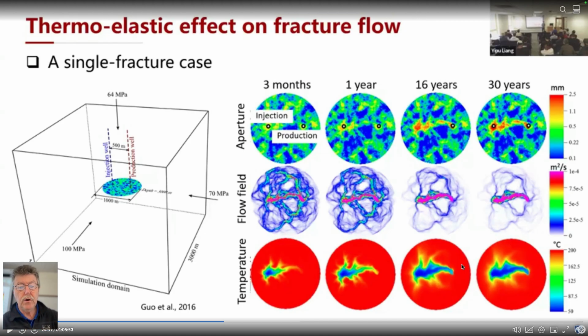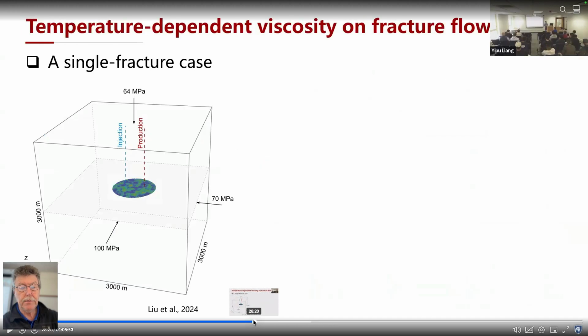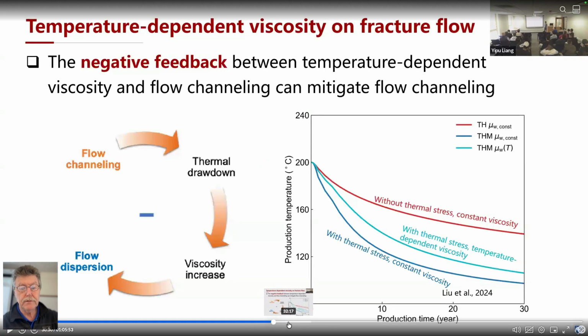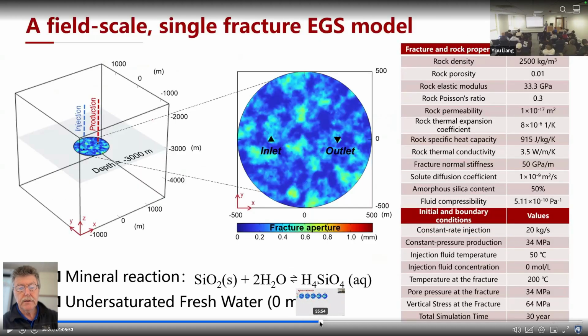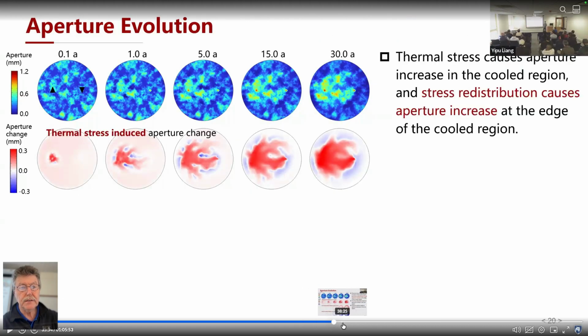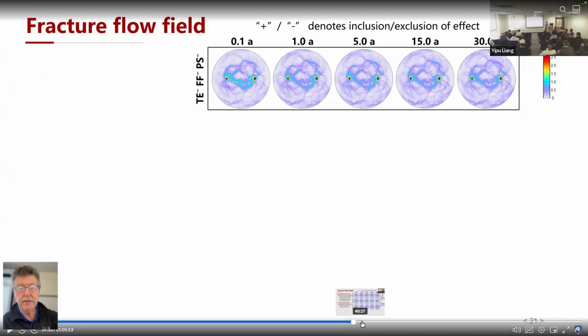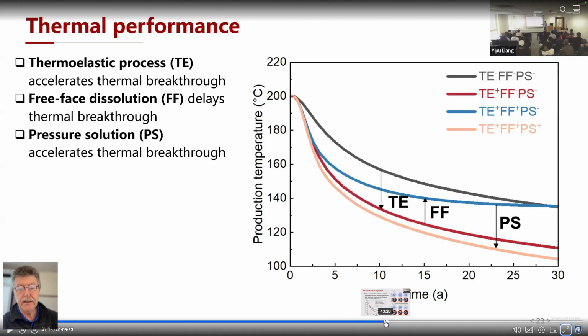And so what I thought he did a nice job of, if I can bring up the light, is successively looking at different processes. I don't know if I can remember one figure that had them all.